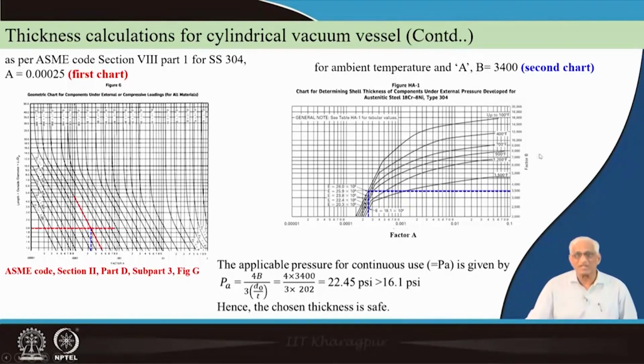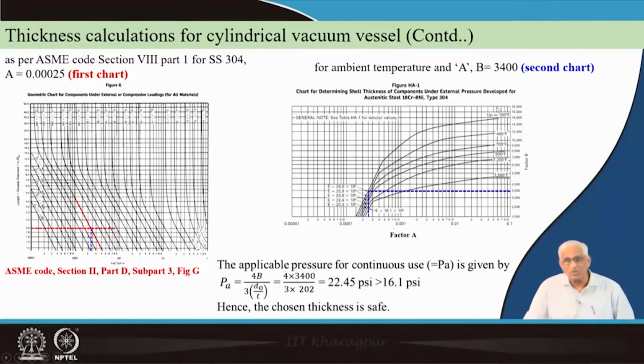So, there is another factor called B factor, which is plotted as a function of factor A obtained from the first chart. Once you get A factor from the first chart, all that we need to do is use that and take the curves for particular material with which you are making the chamber. In our case, it is SS304, and room temperature.